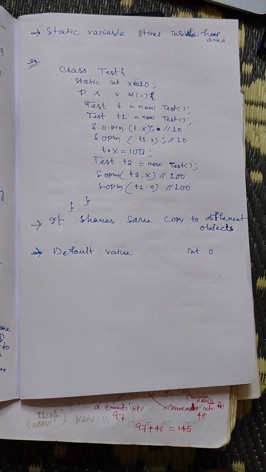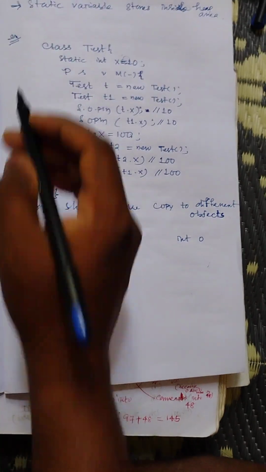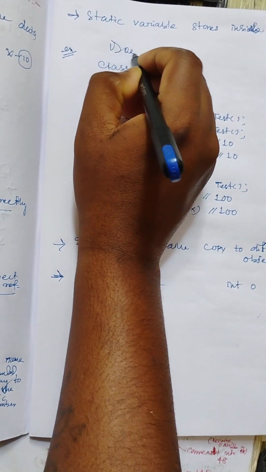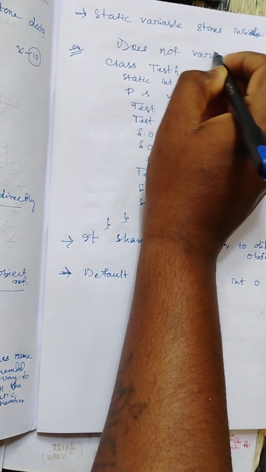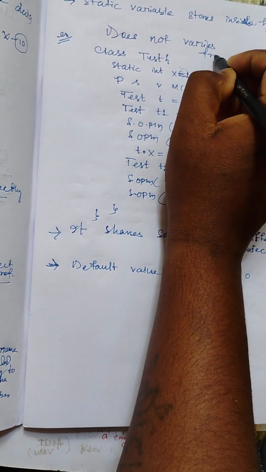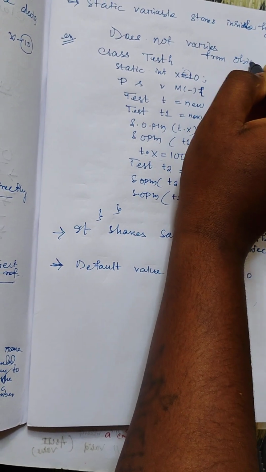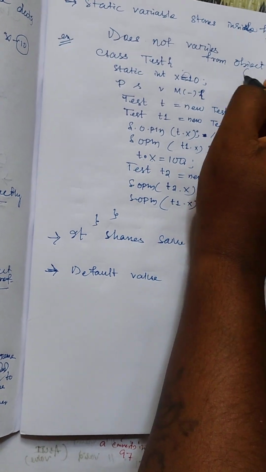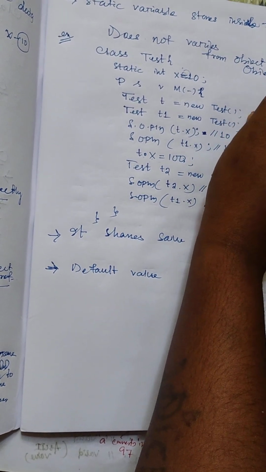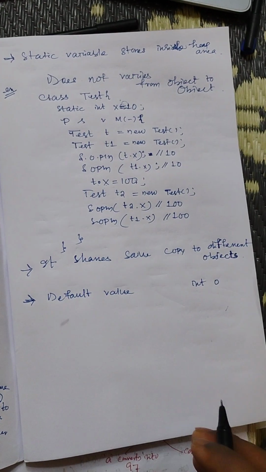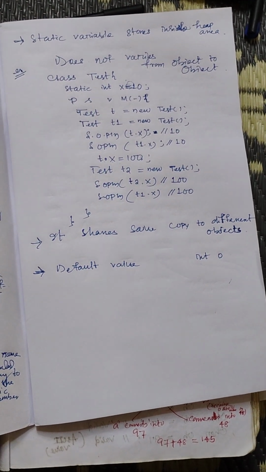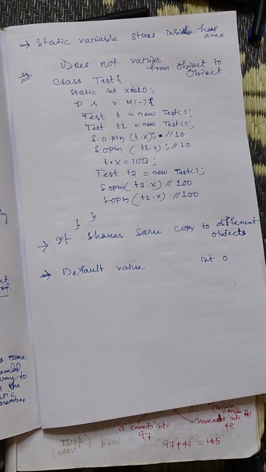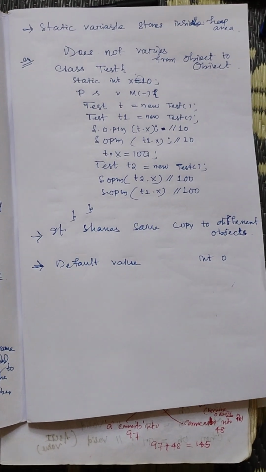A static variable does not vary from object to object. In the upcoming session, we will be discussing instance variable and local variable.